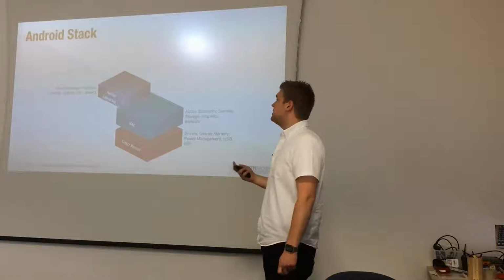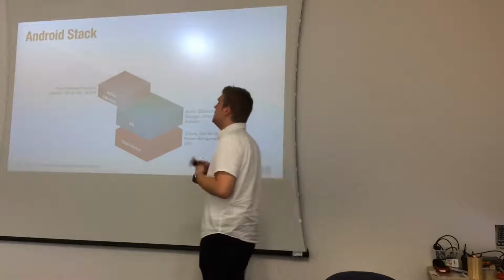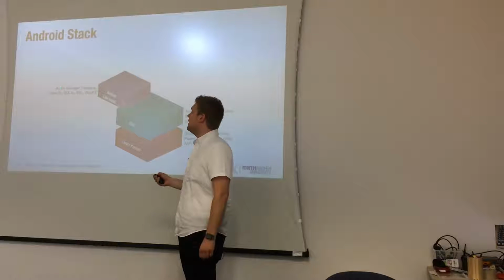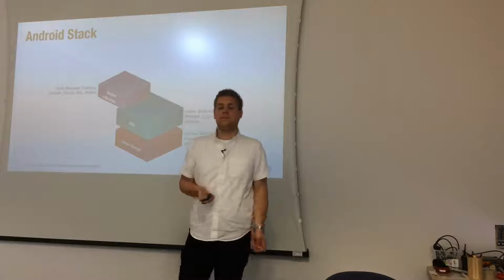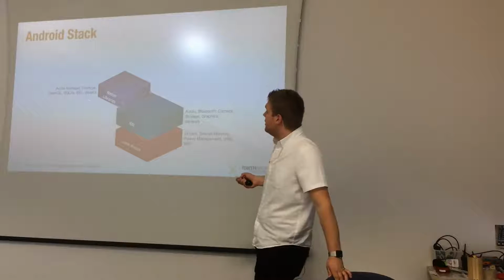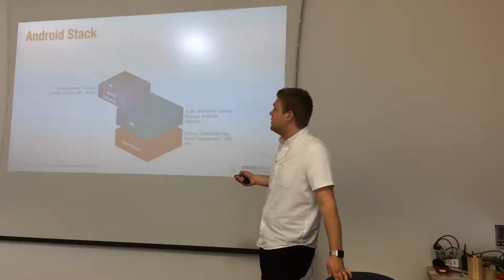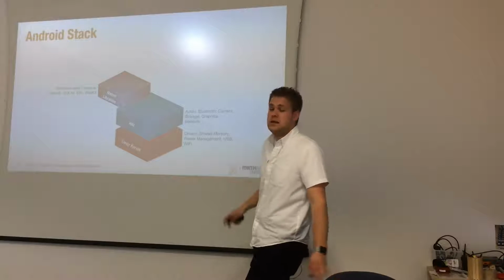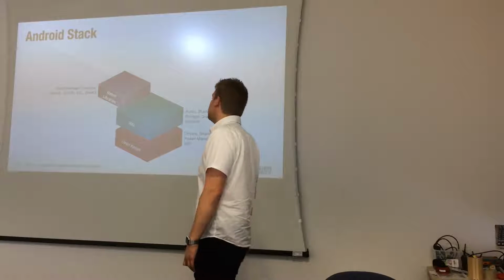And then we add more to it, like native libraries. We are slowly adding stuff there, like WebKit, so basically the Apple-founded open source web implementation, FreeType for fonts, OpenGL, SQLite for databases, SSL, and so on.